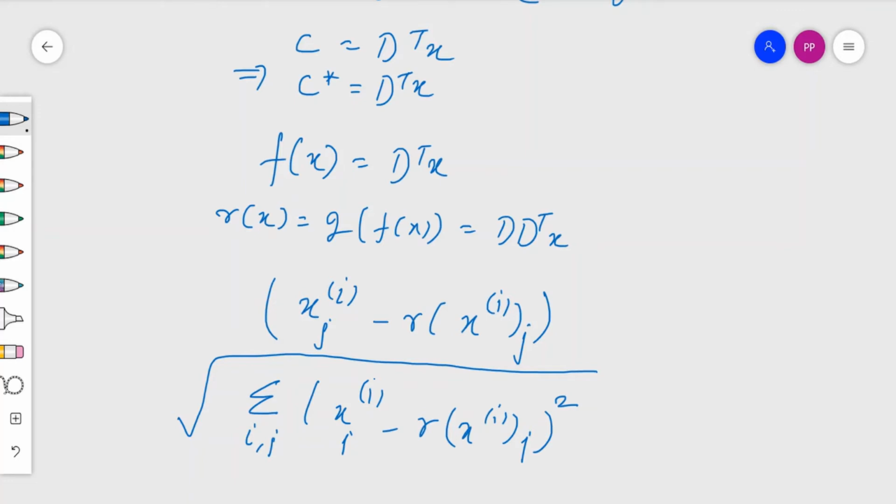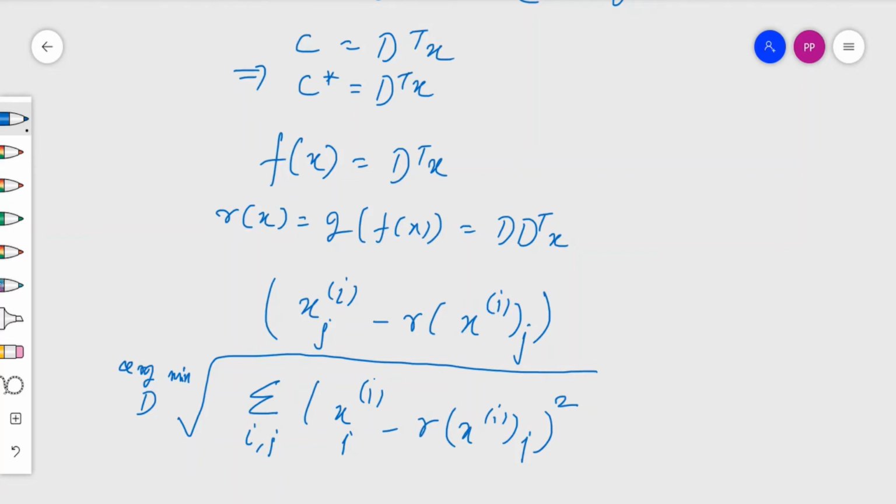So this is basically the expression for the Frobenius norm. Here the argument is D, which has to be obtained for minimizing this Frobenius norm.